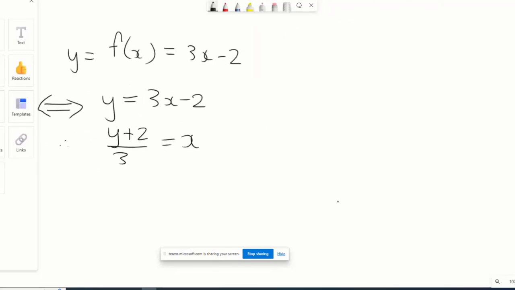Now, interchange x and y. For the inverse function, when I do the interchanging of x and y, because that's what happens, I get that f inverse of x is x plus 2 over 3. Those are inverse functions, okay? That's how you do that.